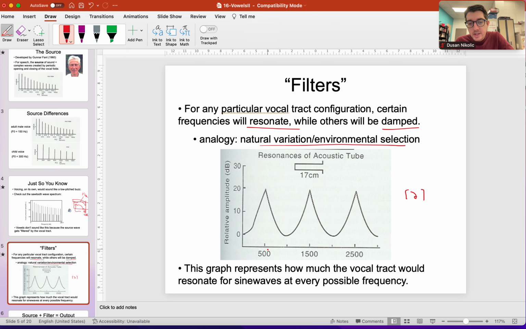Schwa vibrates, or its formant frequencies, resonant frequencies, F1, are at 500, F2 at this number, and F3 at this number, which we said were: F1 500, F2 would be F1 times 3.